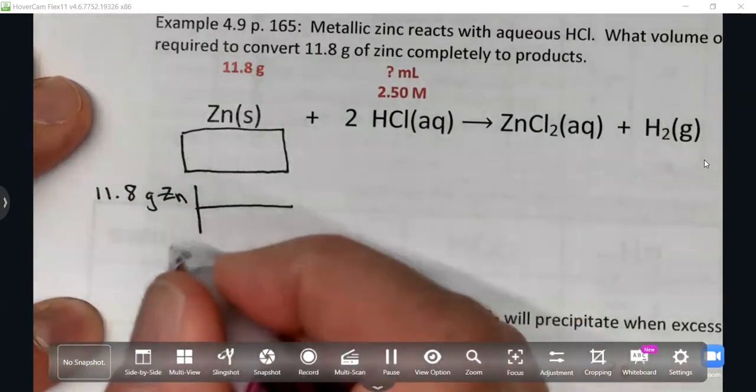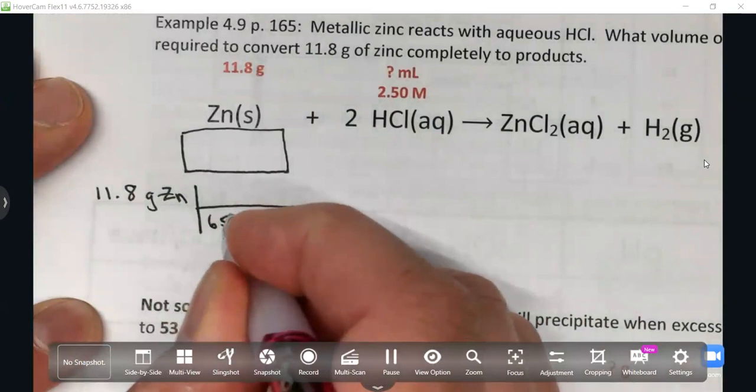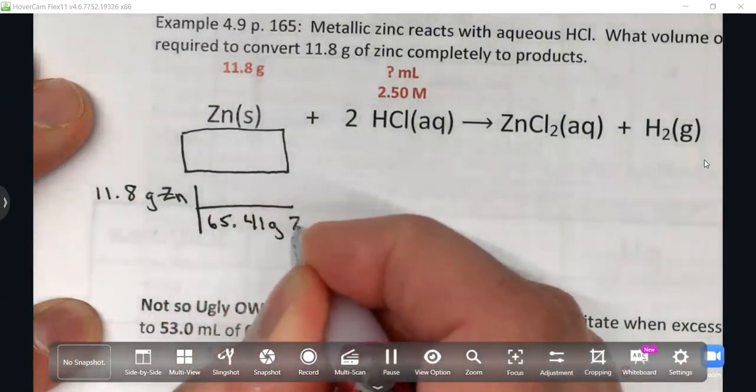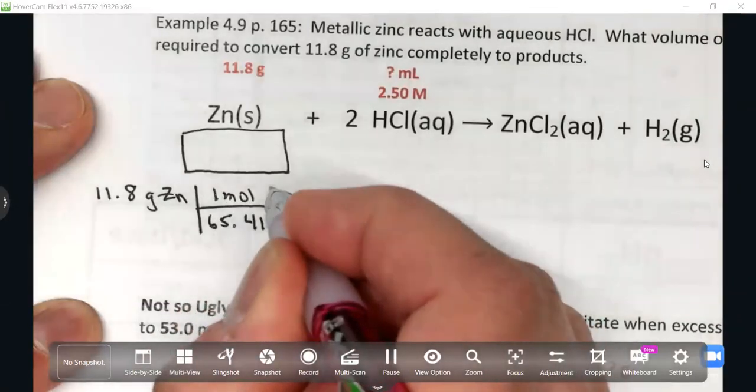And from the periodic table, we've got 61.9, 0.41 grams of zinc, 1 mole.